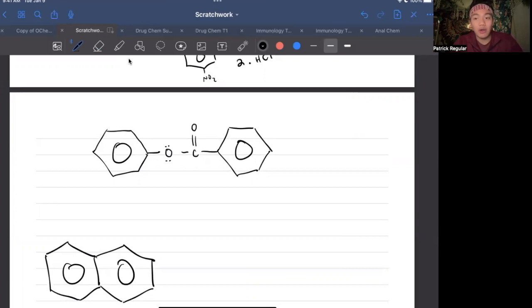Not only that, but O, kind of like the O in phenol, but not to the same degree, is an activating group because the O terminus on the ester group right here is one of your moderate activators. Conversely, the carbonyl carbon right here is partially positive. That's a partially positive carbon because you have the carbon connected to two oxygens that are pulling electron density away from that.